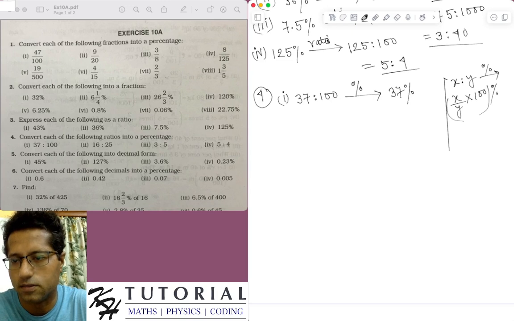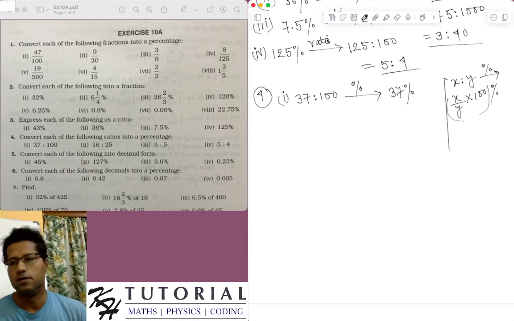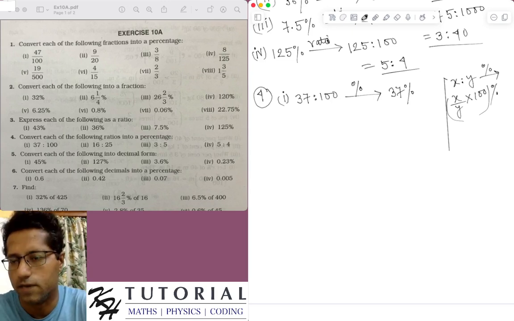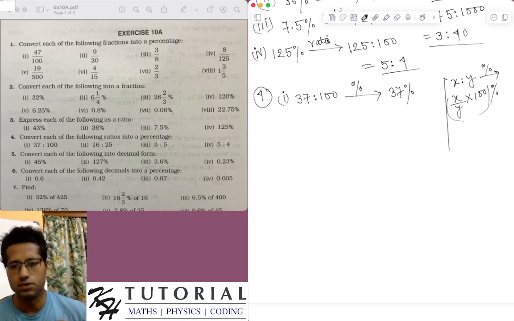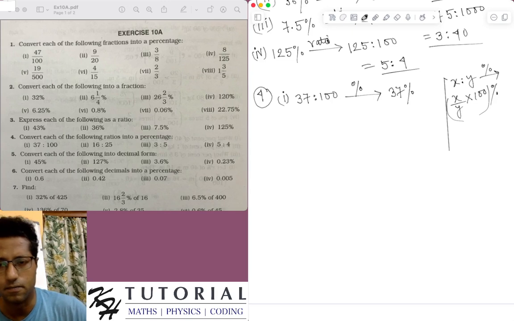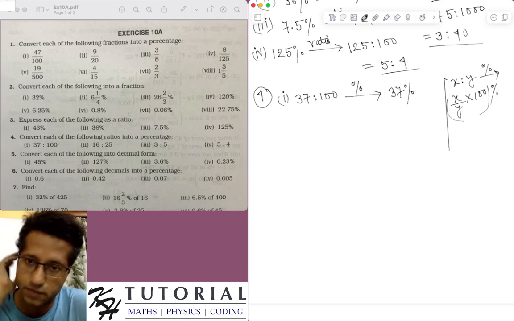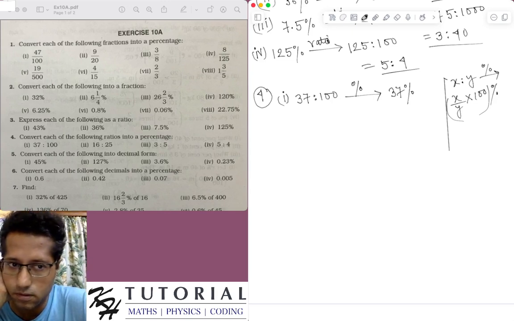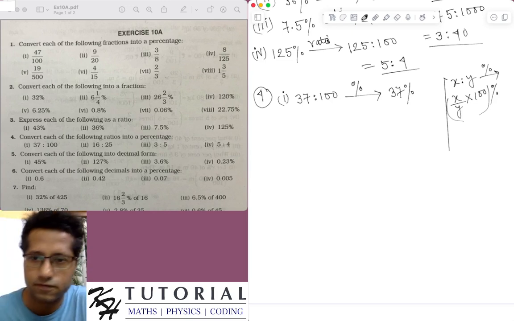But if y is given as 100, then the 100 cancels and x will be the percentage value. So in this example, the second term is 100, so directly we can say this ratio in percentage form is 37 percentage.